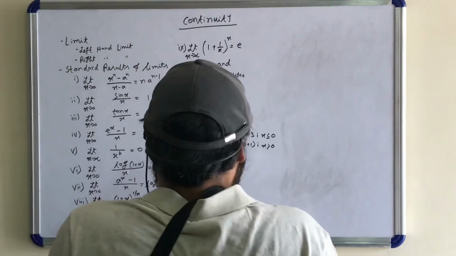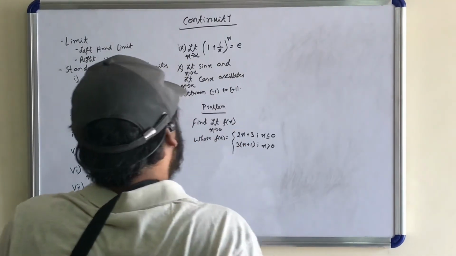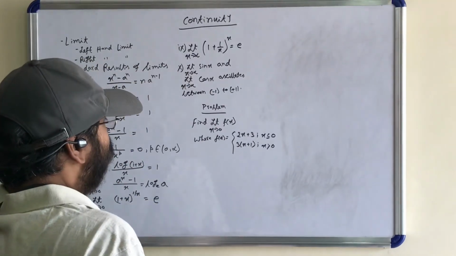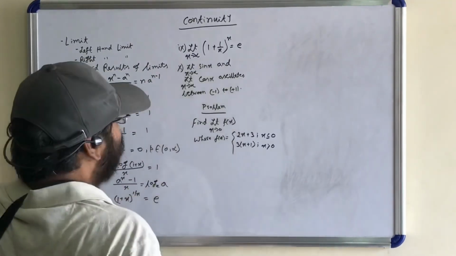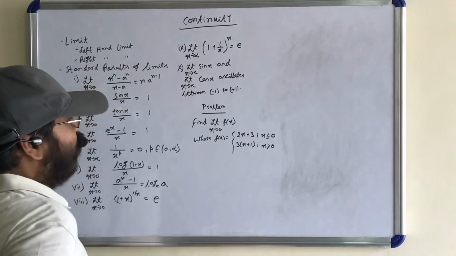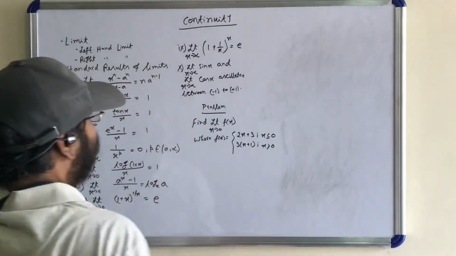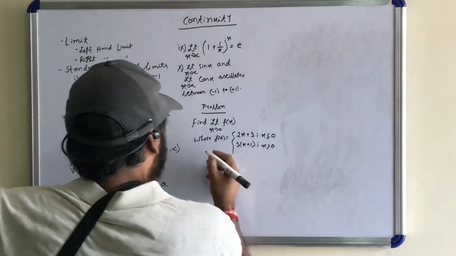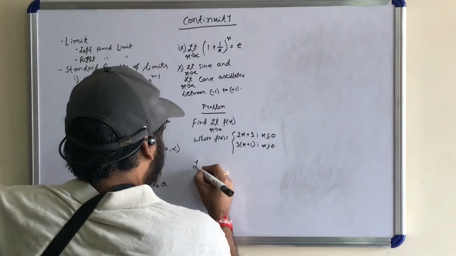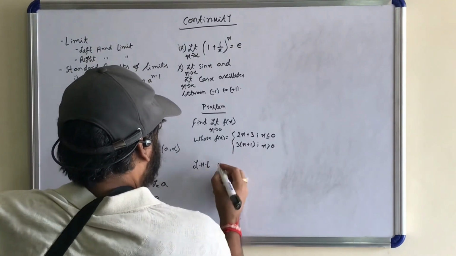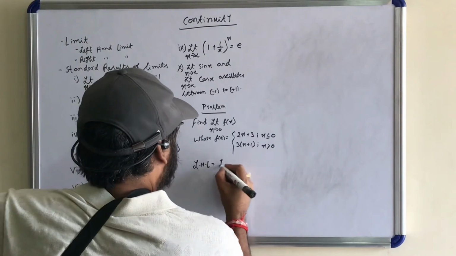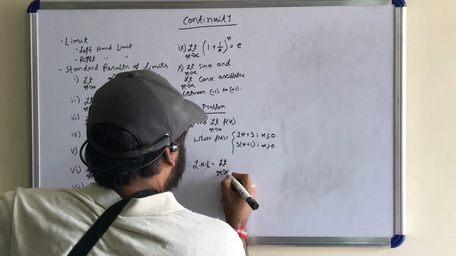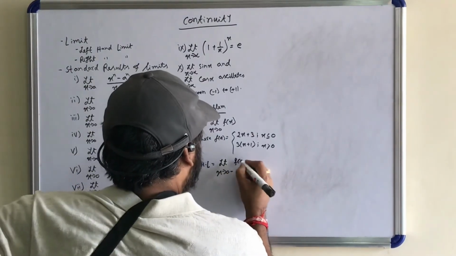I am completing this session by solving a problem on limit. Find limit x tends to 0 of f(x), where f(x) is defined as this. Now, what is the left hand limit? Left hand limit equals limit x tends to 0 minus f(x).